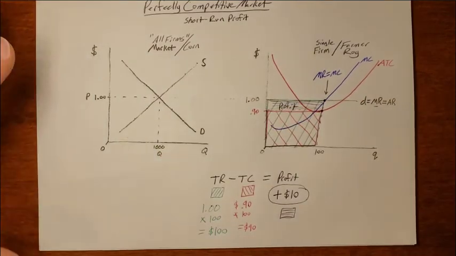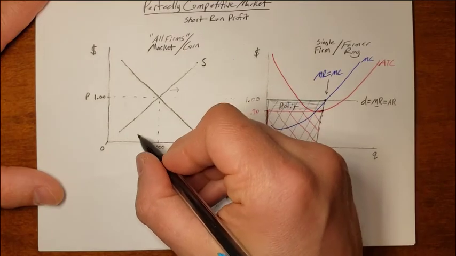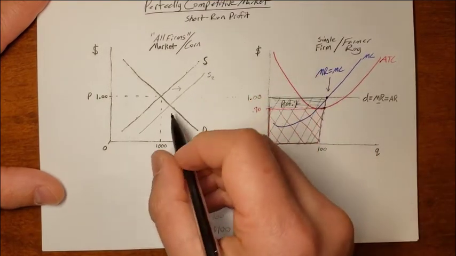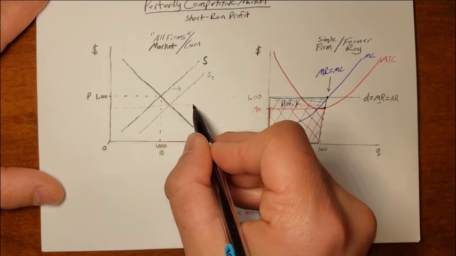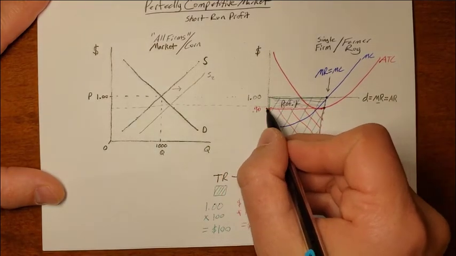Okay, so, for instance, what we might see is an increase in the supply in the long run, so S2, and that would push the price down, and then the new price might be this 90 cents.